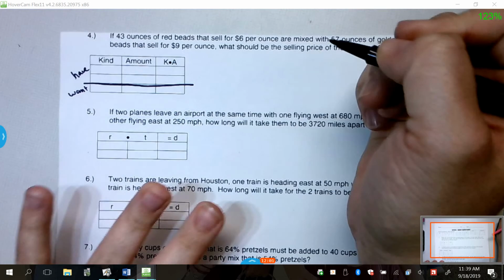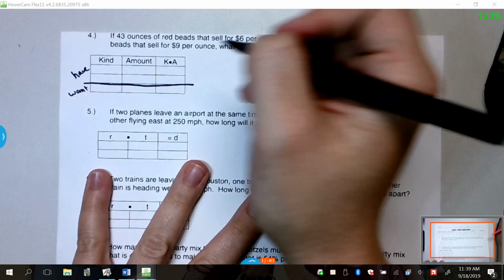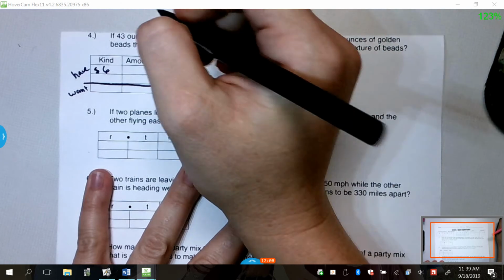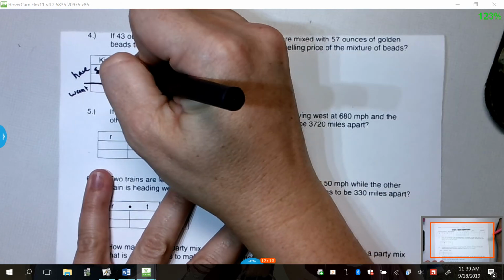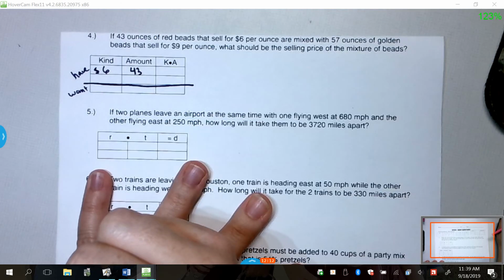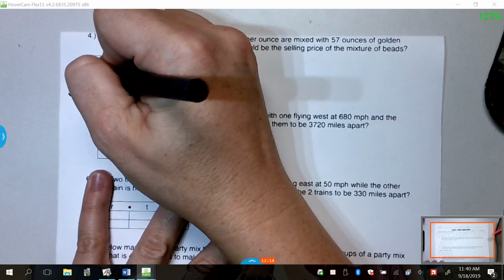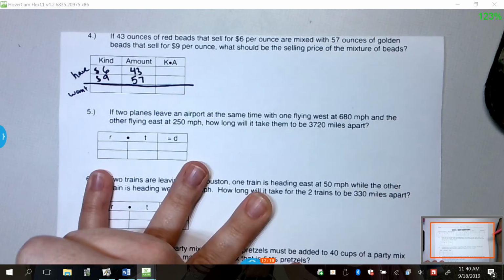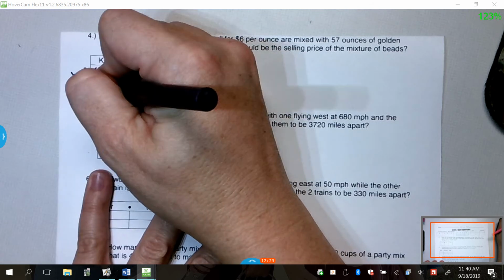I have red beads that sell for $6, and I have 43 ounces of those. And golden beads that sell for $9, and I have 57 ounces of that. What should be the selling price for the mixture? That's what we're trying to figure out.